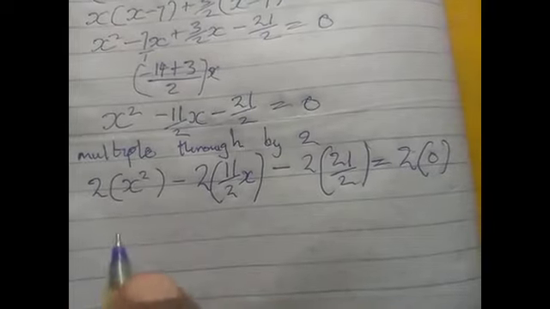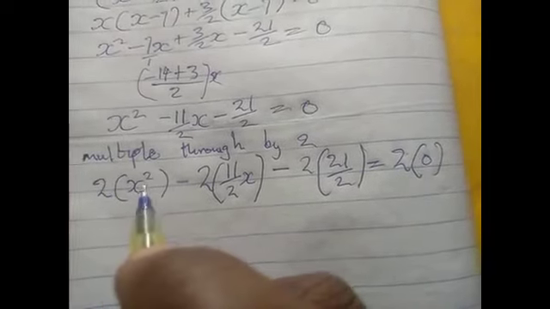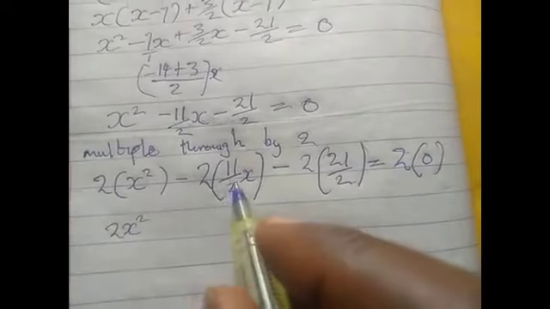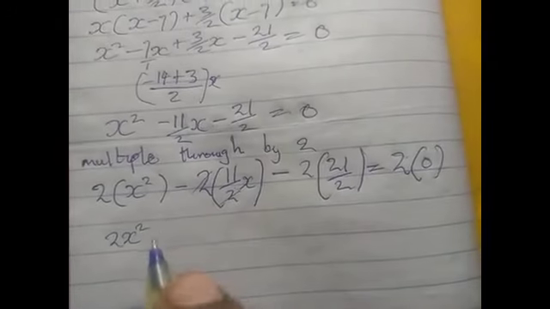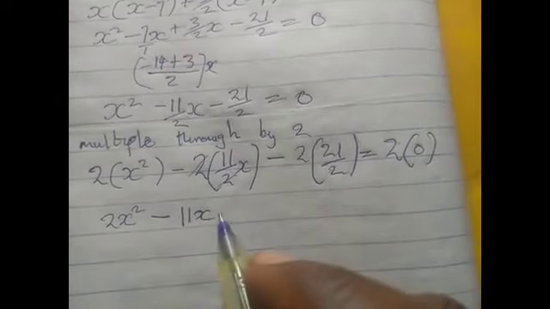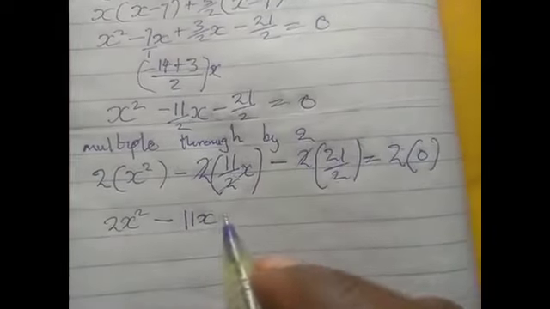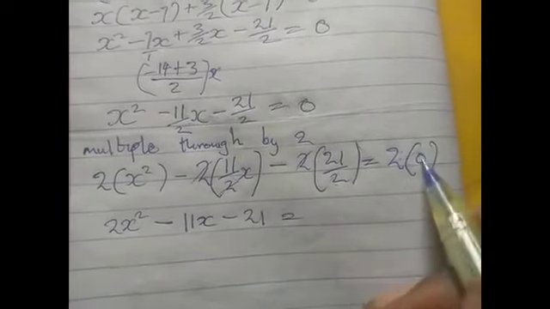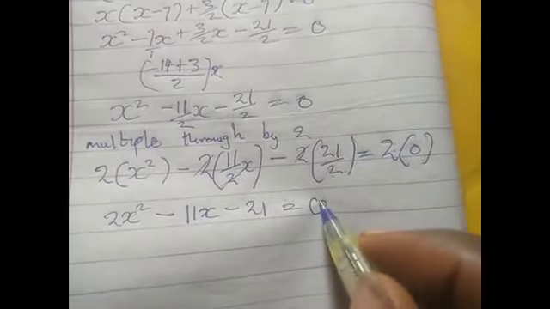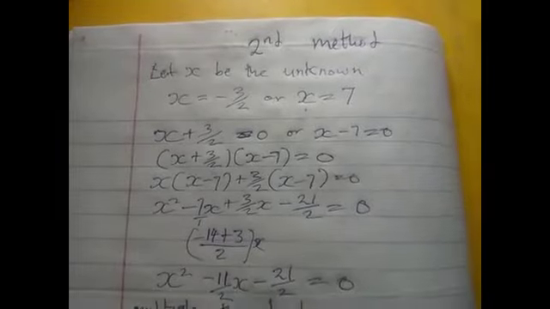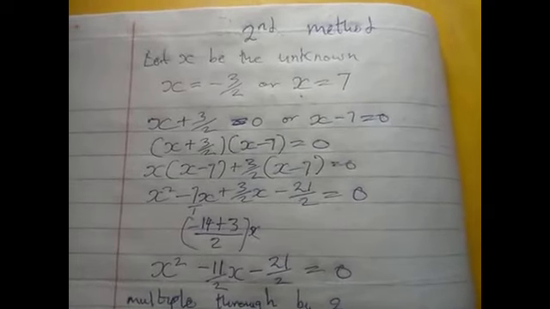So 2 multiplied by x squared is going to give us 2x squared. Our 2 here, we take this out, so we have minus 11x. Likewise, our 2 here, we take this out, so we have minus 21. 2 multiplied by 0 gives us 0. So this is our answer using the second method. Damn, so long.